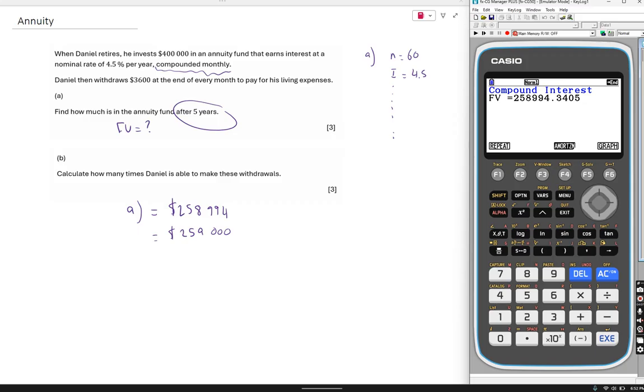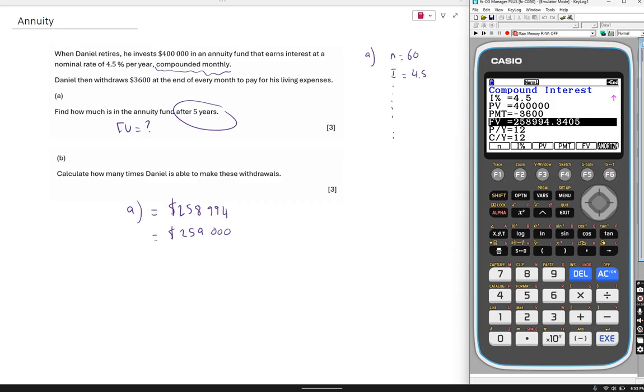So this is one of the nuances of the calculator. You need to do lots of questions so you become familiar with which is negative, which is positive. I know it is a little bit confusing. Let's just change this back before I confuse myself. So negative 3,600. That is for part A.